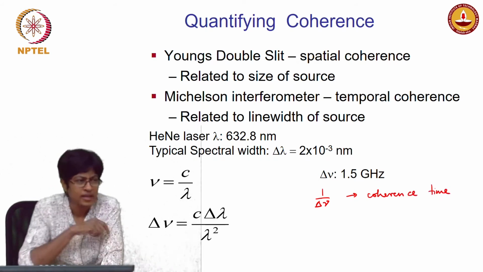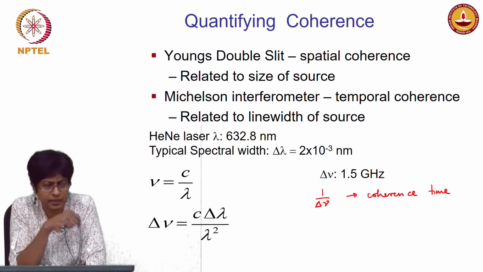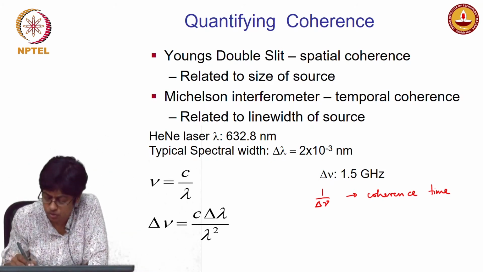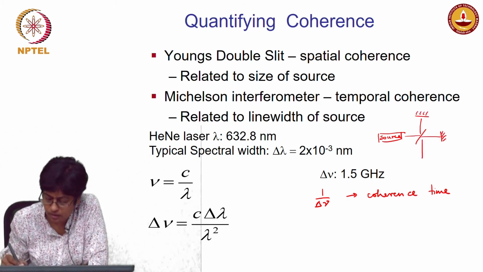Now go back to your Michelson interferometer. Remember, you had a source, beam splitter, mirror, mirror, and then you're looking at these beams on a detector.